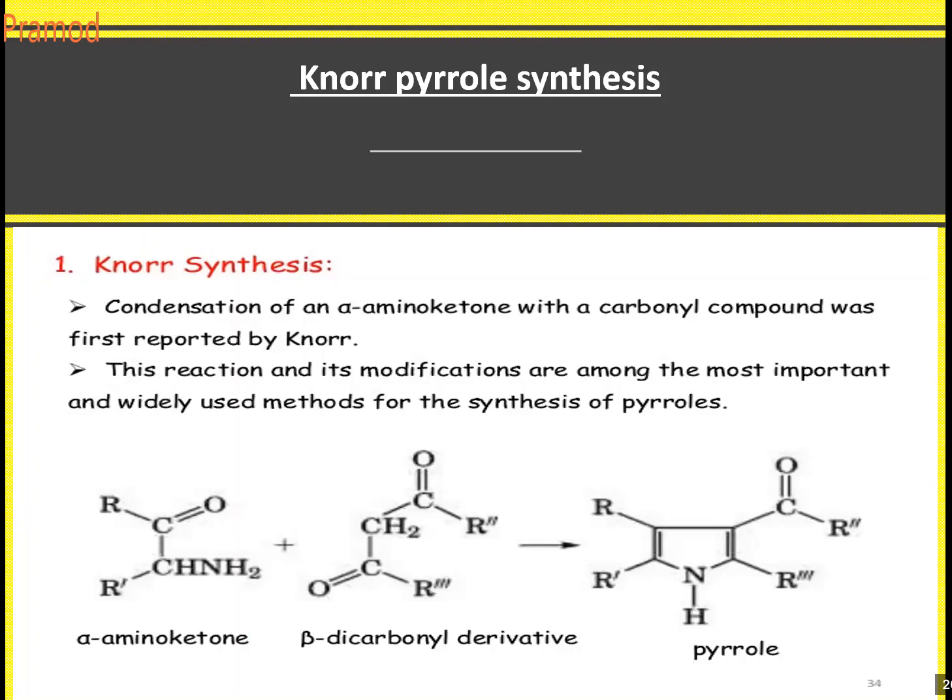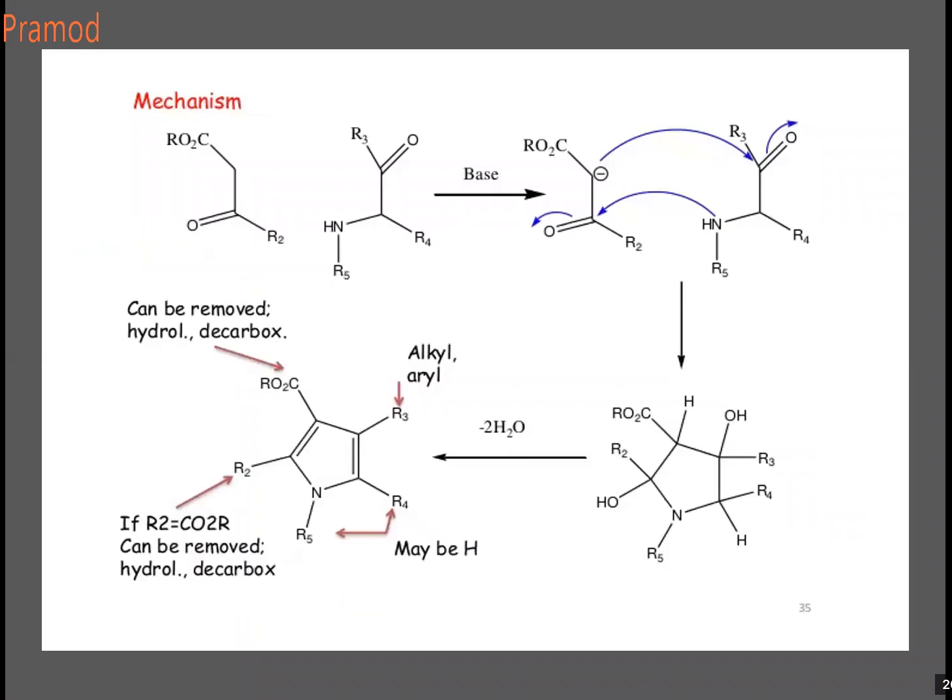You get your substituted pyrrole. Now let's go for the mechanism. Since the reaction takes place in the presence of a base, the base abstracts the methylenic proton between the two carbonyl groups of the dicarbonyl compound.